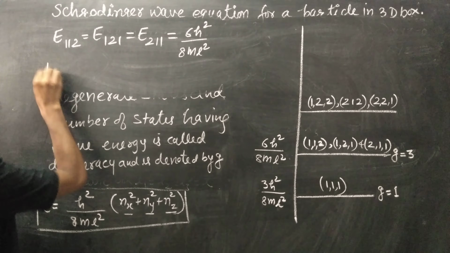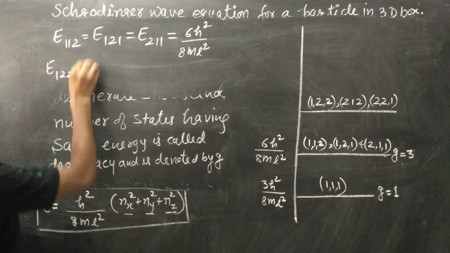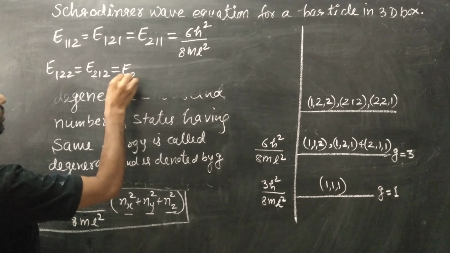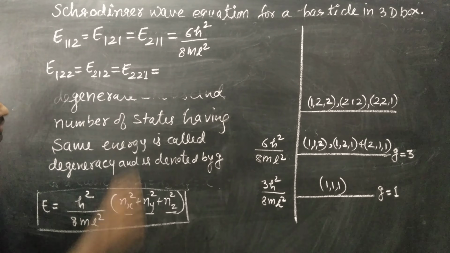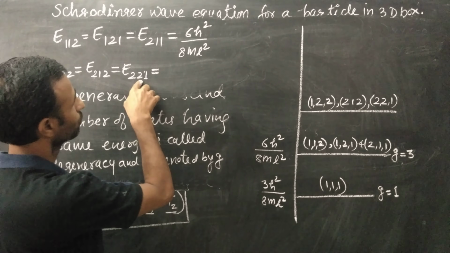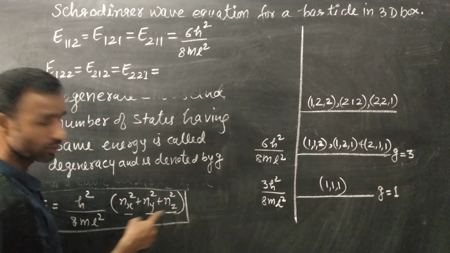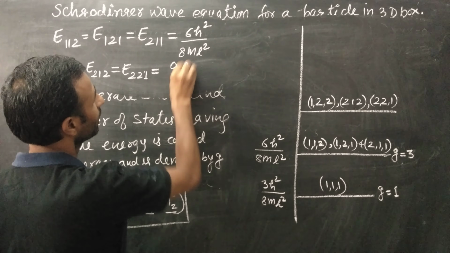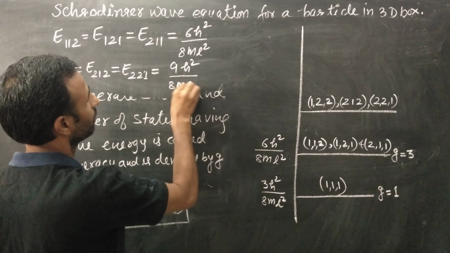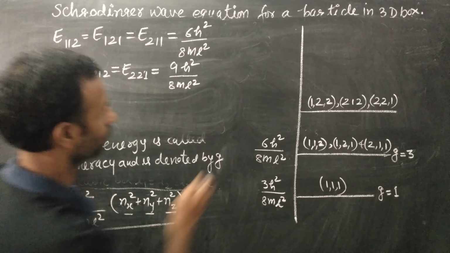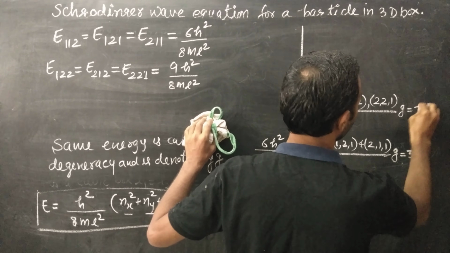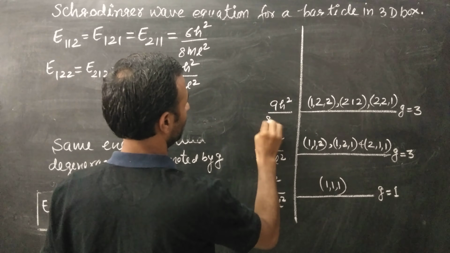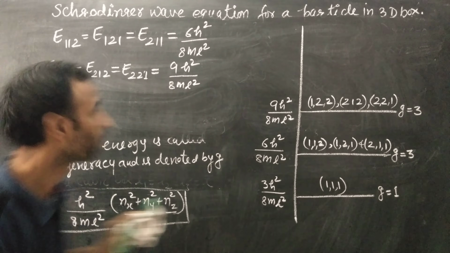So see, energy of 1, 2, 2 equal to energy of 2, 1, 2 is equal to energy of 2, 2, 1, and that is equal to 2 square plus 2 square plus 1, so 4 plus 4 plus 1 means 9 h square over 8m L square, right? So its degeneracy is again 3, and it is 9 h square over 8m L square, right?